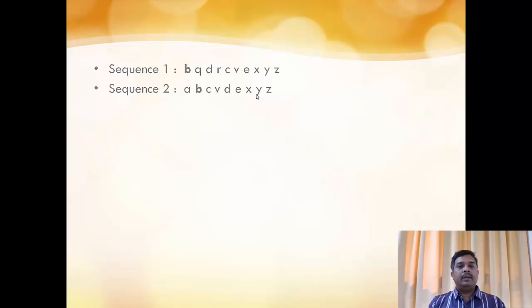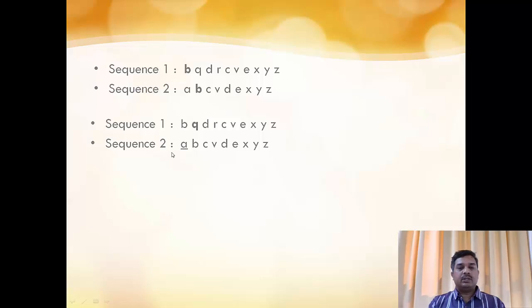Now here B and B matched, so we'll take the second character of the first sequence and compare it with the first character of the second sequence. So Q and A didn't match, Q and B didn't match, Q and C, Q and V, Q and D, Q and E, Q and X, Q and Y, Q and Z.